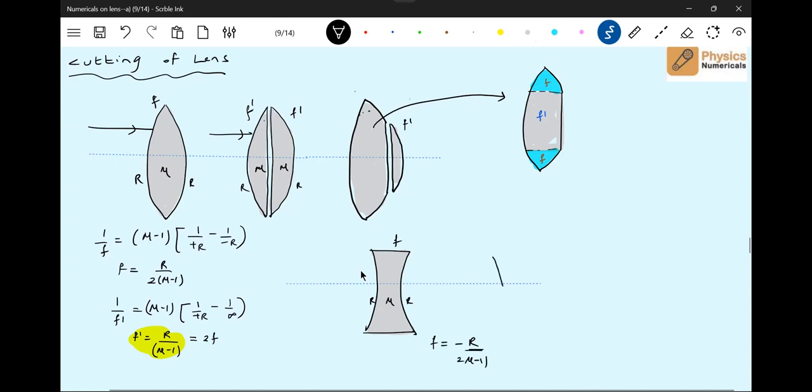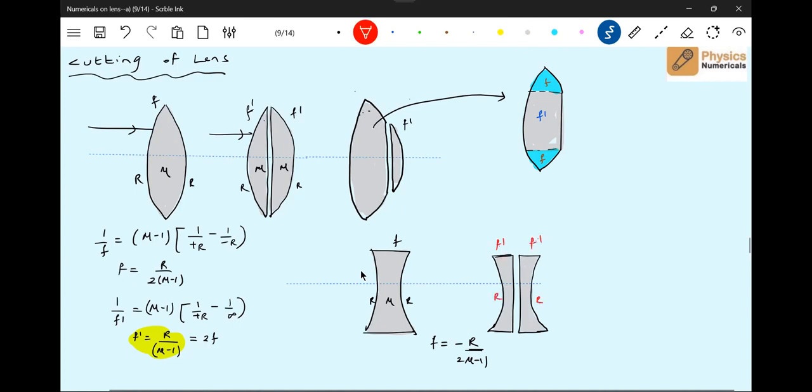Now when you cut this, this will become f dash, f dash.